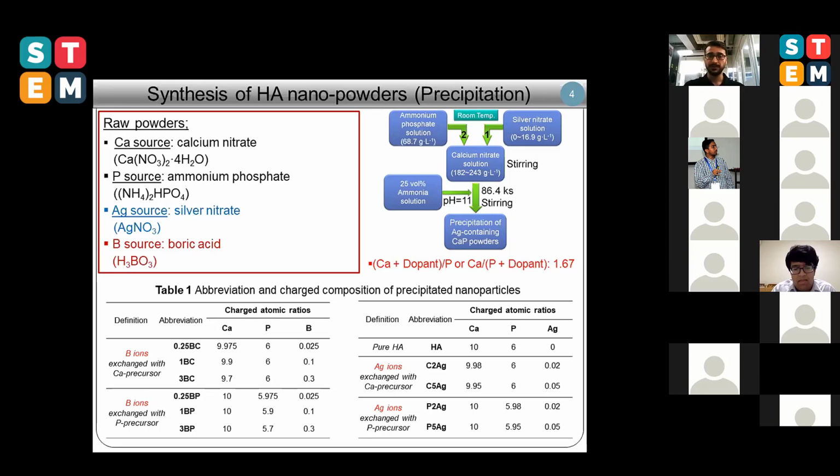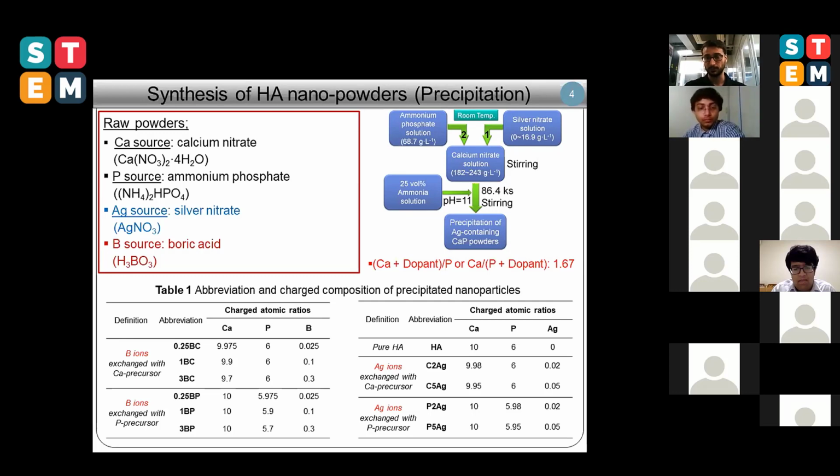The important thing is that, following this chart, we exchange the doping ion with different deficiency sides. In the table you can see, for example, boron with different amounts, where we decrease the calcium or the phosphate and include the boron ions in the solution.